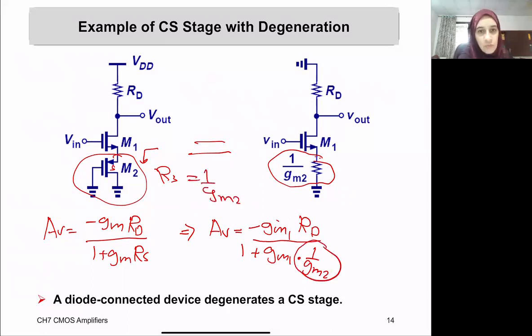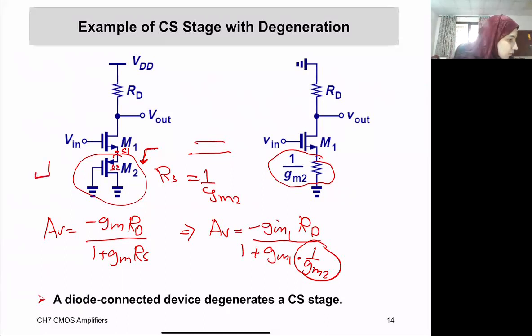Why 1 over Gm2? Because I am seeing M2 from the source of M1, I am looking at the source of M2, and therefore I see 1 over Gm2.